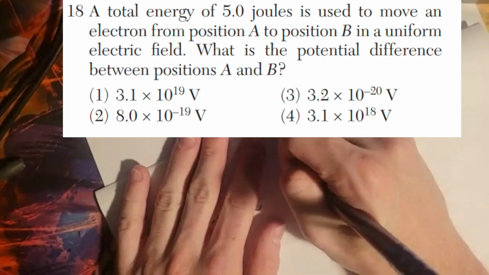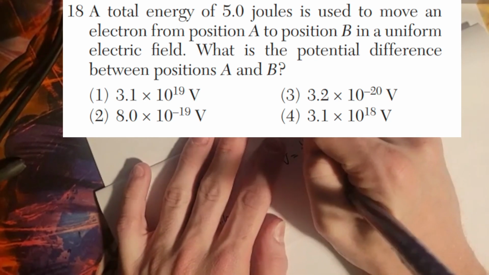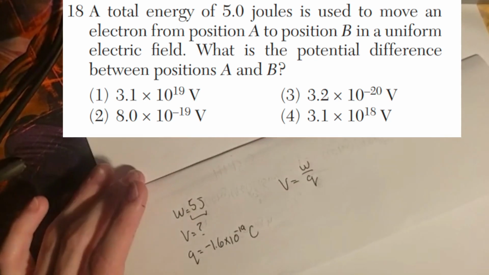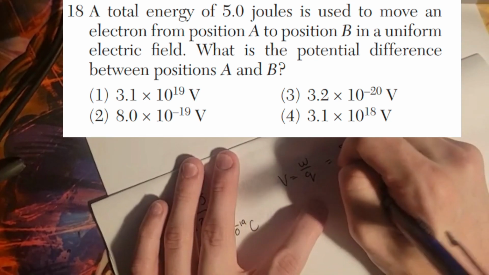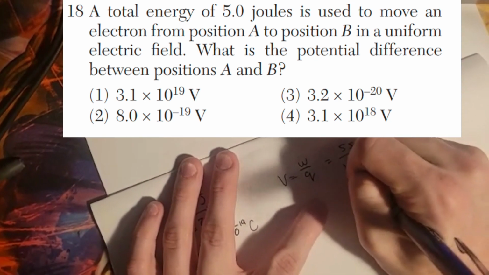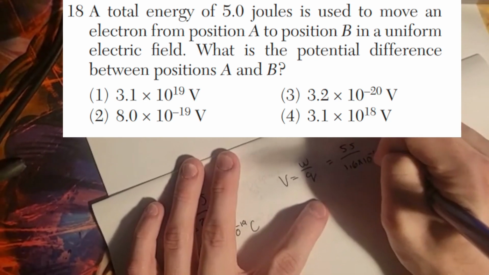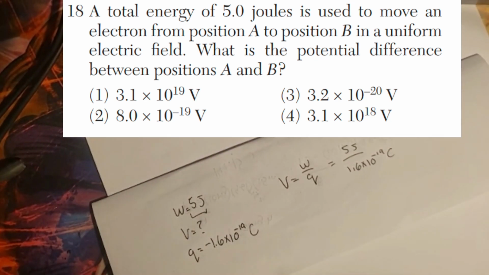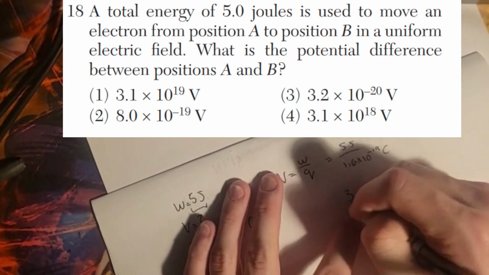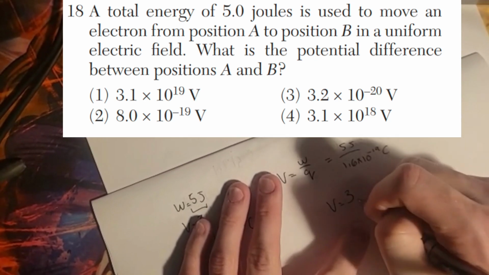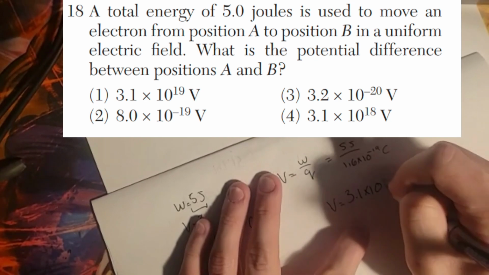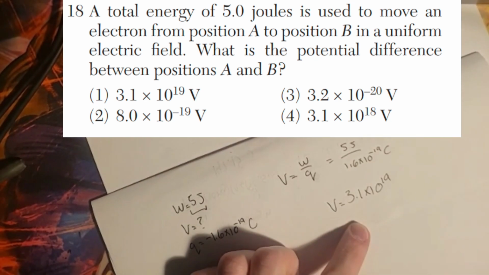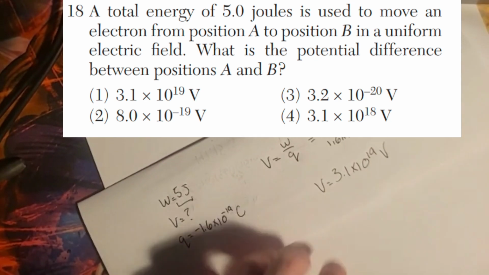And remember, our formula is V is equal to W over Q. You plug in your numbers: you have 5 joules, and you have 1.6 times 10 to the power of negative 19 coulombs for your charge. Let's do the math and find out what that value for V is going to be. If you do your math, what you'll wind up getting is that V is equal to 3.1 times 10 to the power of 19, and that would be in volts because it's a voltage, a potential difference.